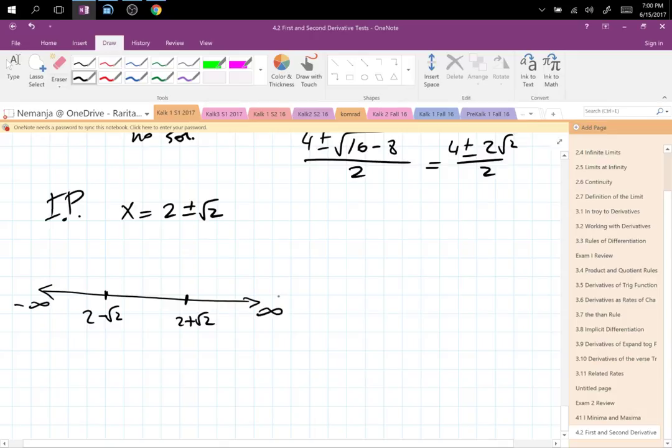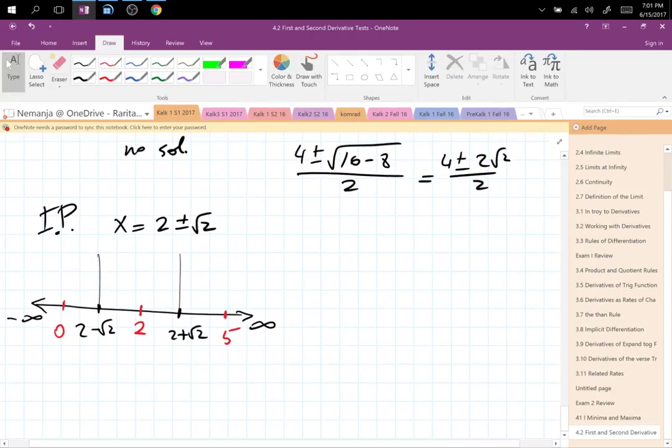We are going to have 3 regions here, and then pick test values. Look, you are taking away from 2 and adding to 2, so 2 must be dead in the middle. Then you can pick 0 and you can pick 5, whatever.